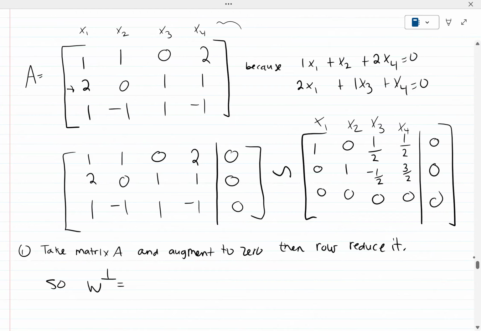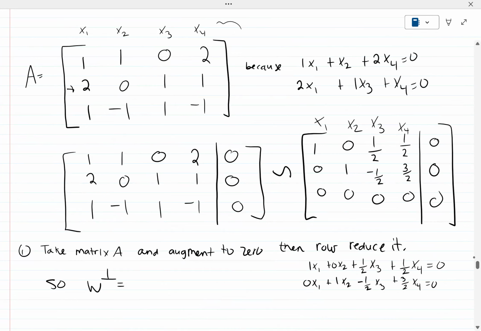So it's going to be 1x1 plus 0x2 plus 1/2 x3 plus 1/2 x4 equals 0. And then this is going to be 0x1 plus 1x2 minus 1/2 x3 plus 3/2 x4 equals 0.